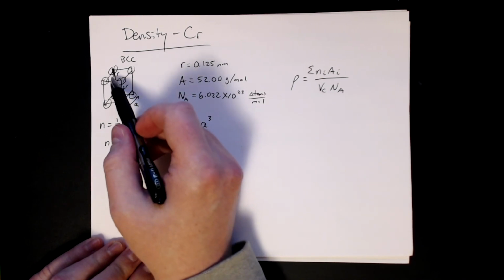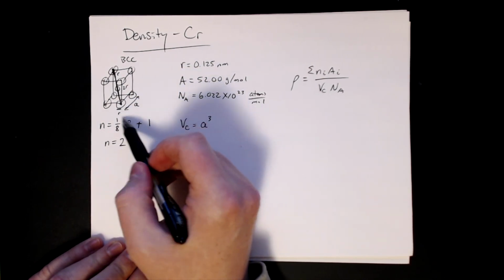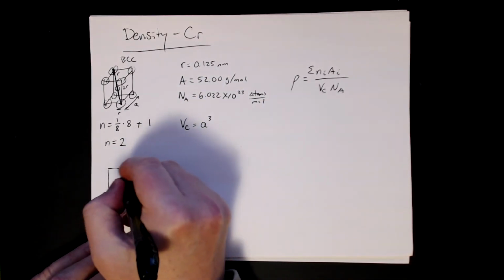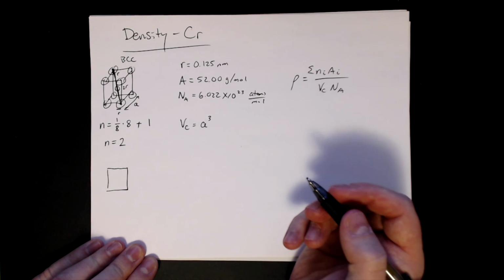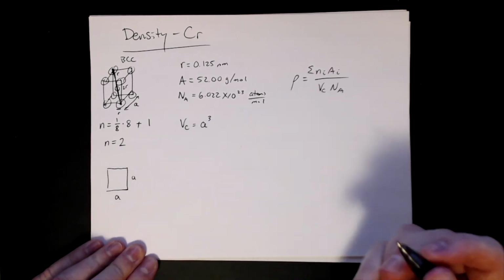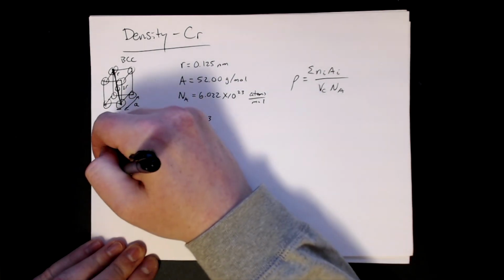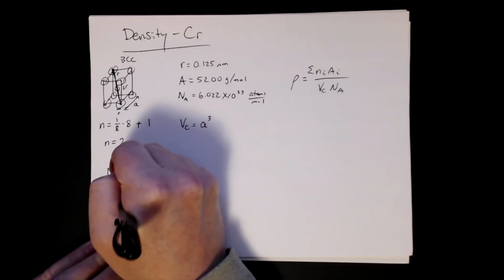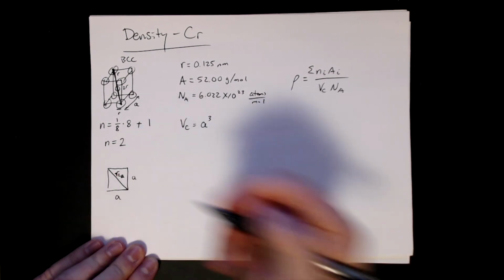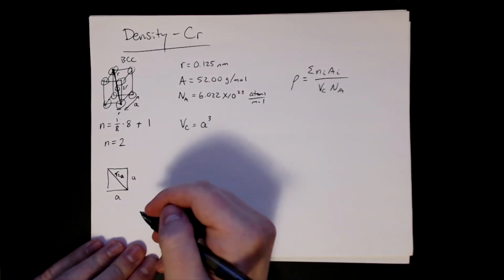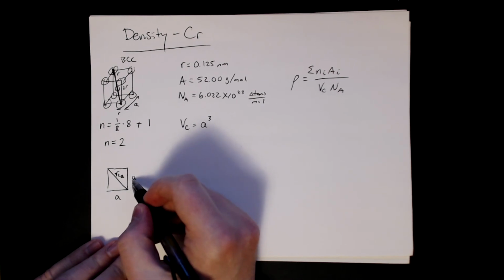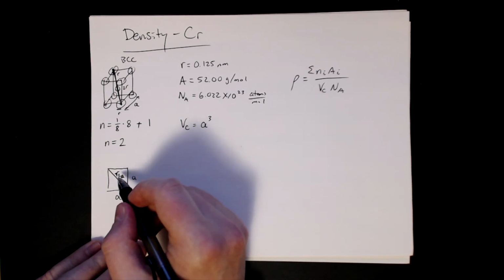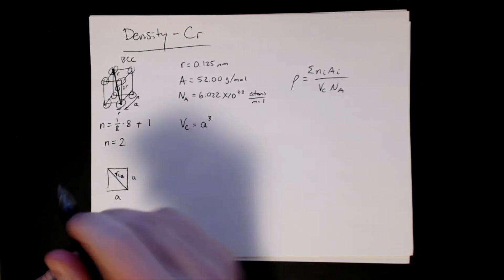So now we just need to know what that length is, and we need to know it in terms of A. So the way I recommend doing this is, if I think about the base of the cube, we know this is A and this is A. And if we do Pythagorean theorem, A squared plus A squared equals, and if you solve for that hypotenuse, you get square root of 2A.